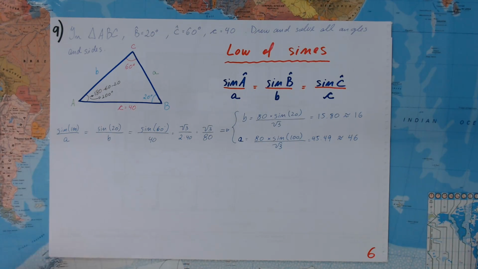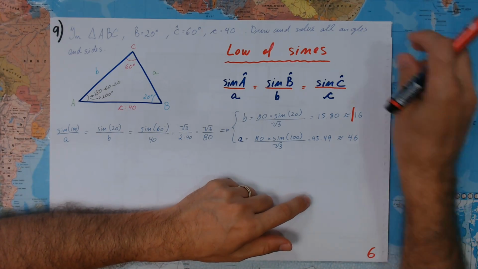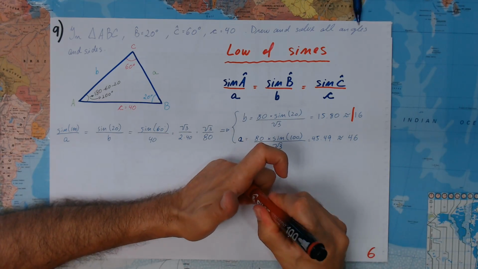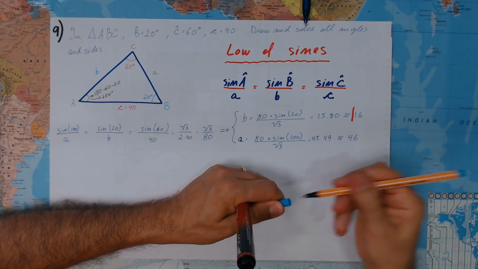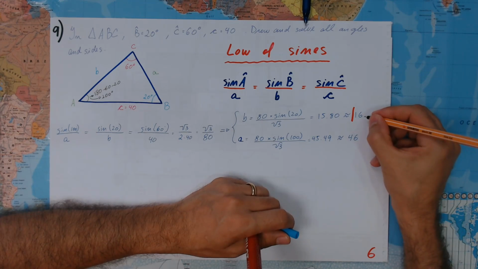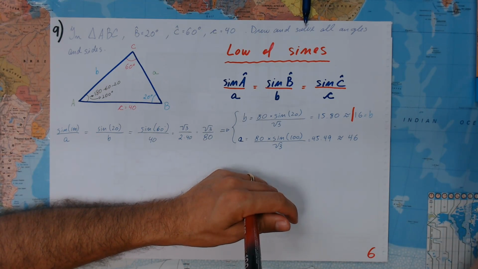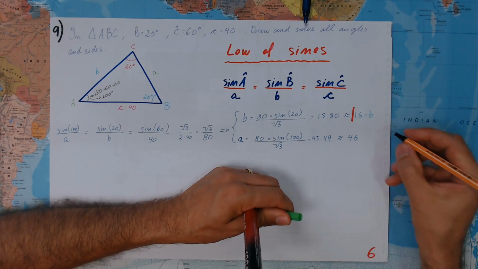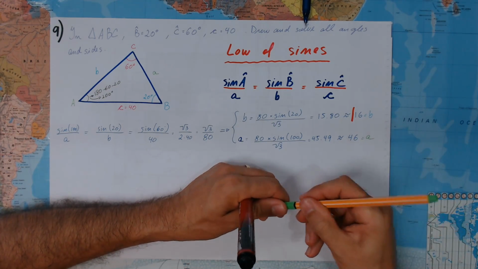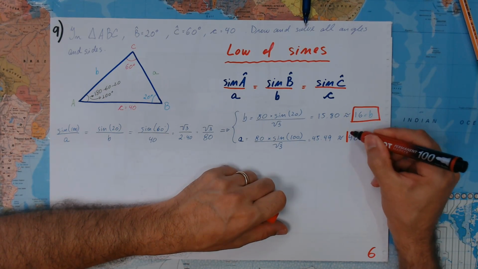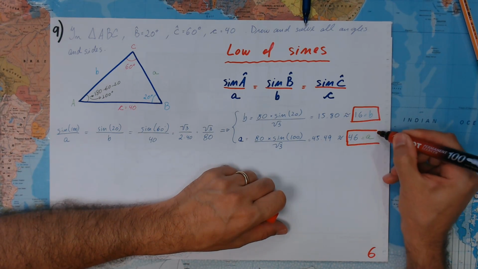I would just like to comment something: always check your answers. So this is going to be B, which is blue, and the other one is going to be A, which is green. Every time you do the exercise, check answers.